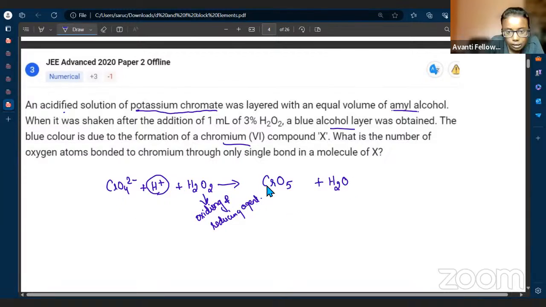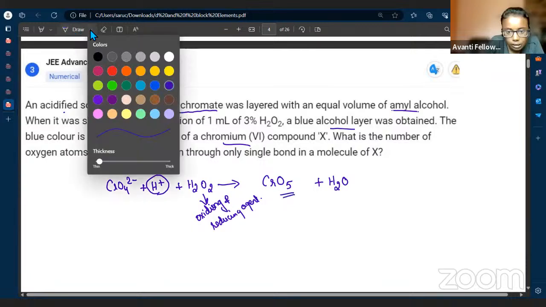Okay. So here, what is the oxidation state of chromium? We have to calculate. For CrO5, you have to draw the Lewis structure. So I have chromium bonded with 5 oxygens.